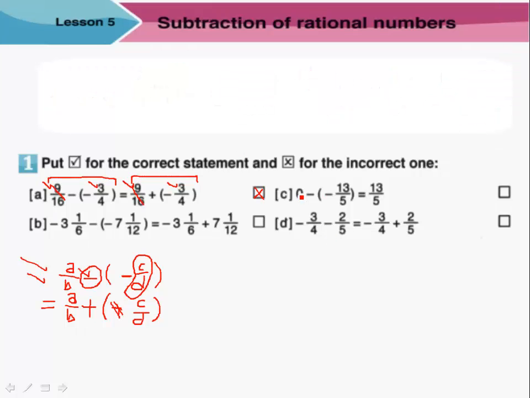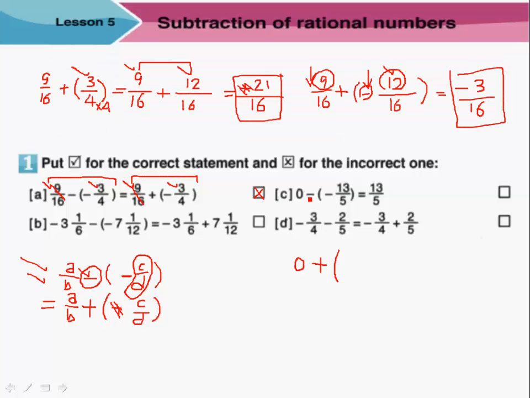Here you have 0 minus, and between two brackets a rational number. I told you in rational numbers always make it not subtraction, make it addition. It means we'll change this minus to plus, and if you change this sign, don't forget, please, you must change this one.